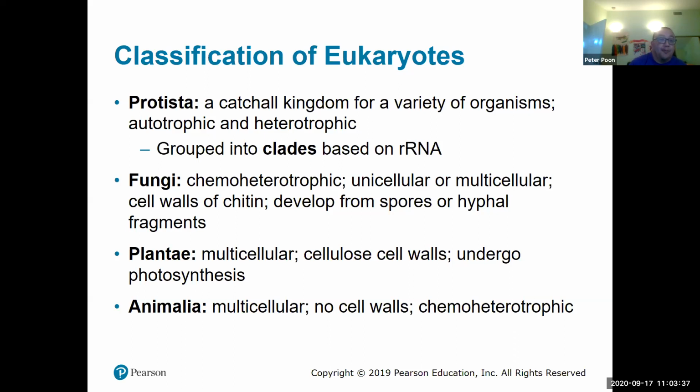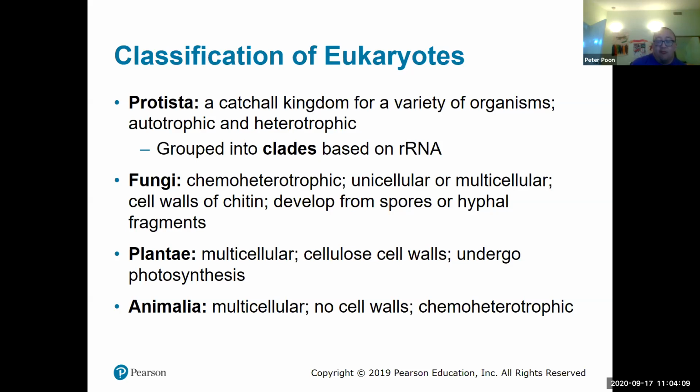Okay, so the importance of this slide is these three groups. These three groups have exact scientific definitions. Protista is not in that group. Protista is where we put all the organisms we don't give a shit about, or we don't know enough about to classify them in groups. They are none of these three groups. They should be put into kingdoms of their own instead of one kingdom, from what we can tell.